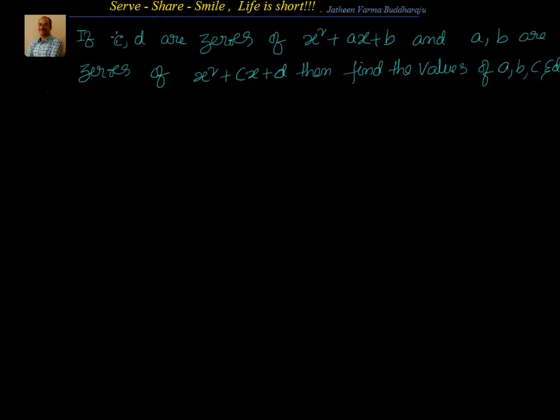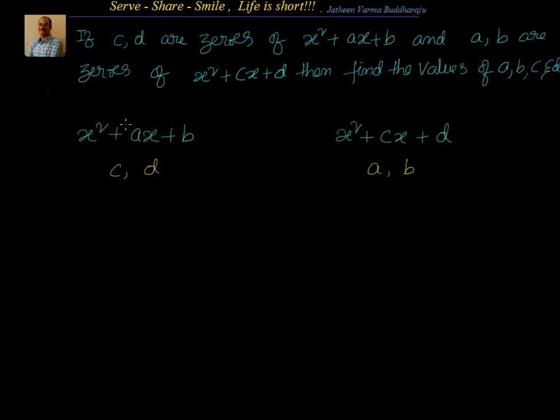We just need to know the relation between the zeros and the coefficients of a polynomial, a quadratic polynomial to be specific. So let's put down that equation. We have x² + ax + b and x² + cx + d as the two polynomials. We are given that c, d are zeros in the first, and in the second case a, b are zeros.